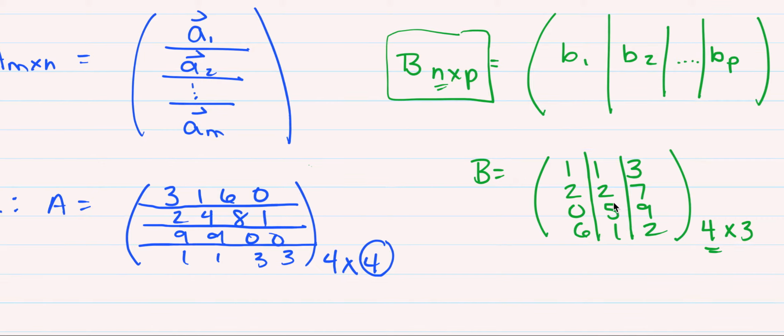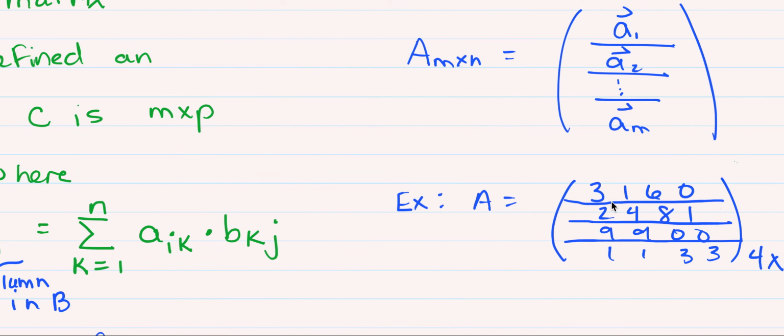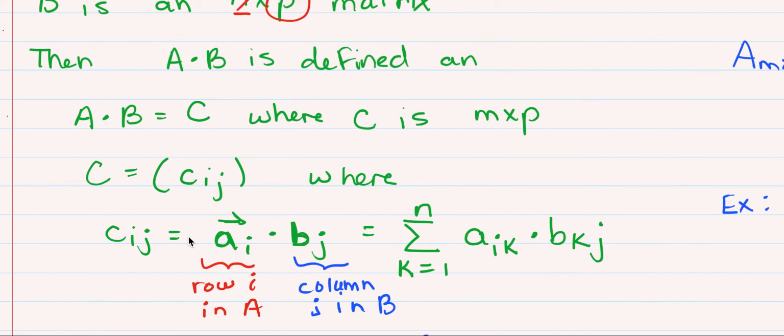Okay, so when I gave you this definition, what we're going to do for each entry in our matrix C, when we multiply these two matrices together, the entry, let's say C1,1, is going to be taking row 1 in A and multiplying it by column 1 in B. And if we want row 1, that's going to be here.